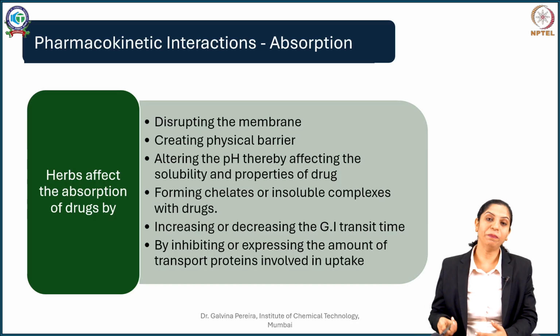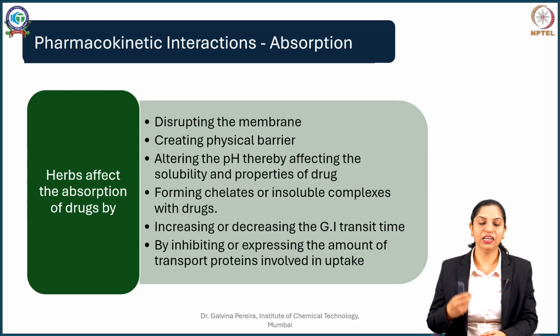Now if the pH is acidic, that will convert other acidic drugs into an unionized state, and that will convert basic drugs more into their salt form, and as a result the absorption of such drugs will get altered.